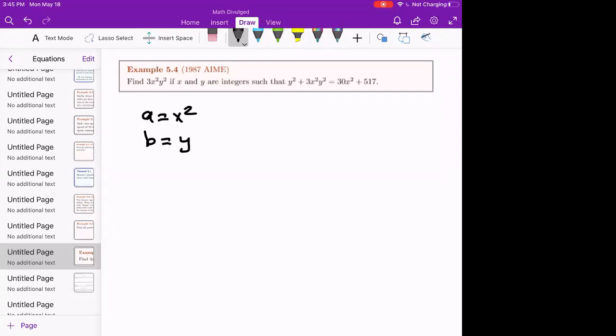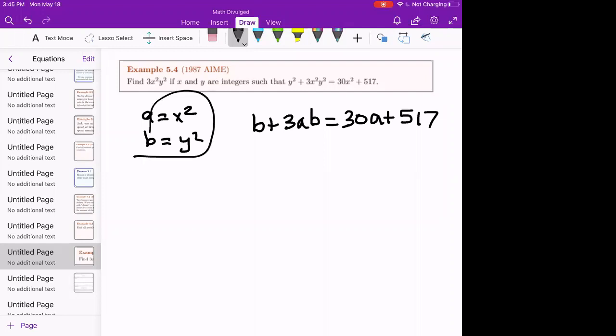So this will make it so that we have the same format of equation as before. This makes the problem b plus 3ab is equal to 30a plus 517. And once you make this substitution, the rest of the problem is really easy.